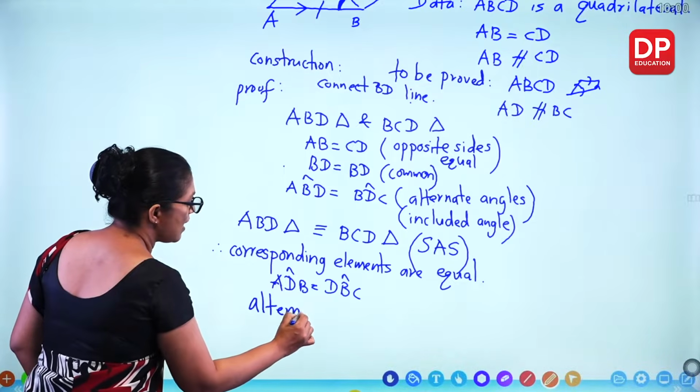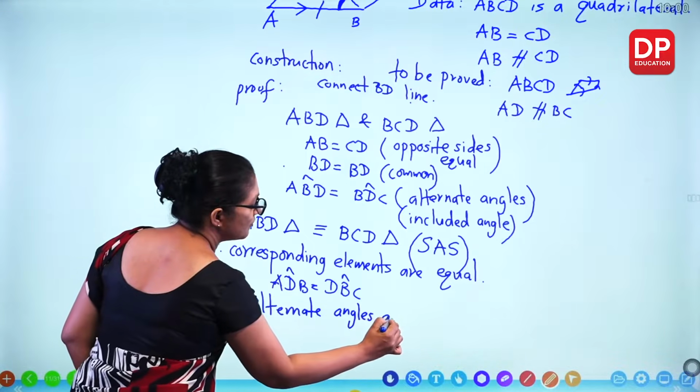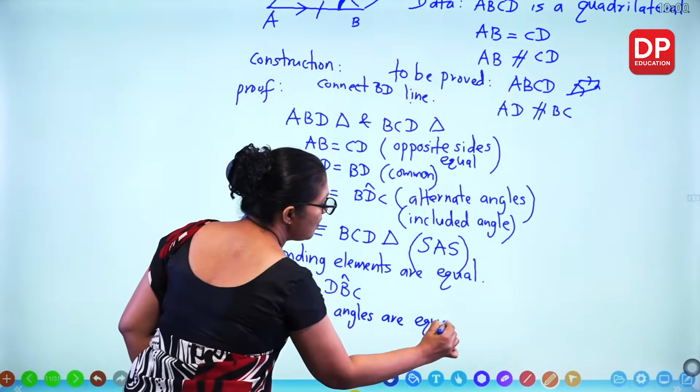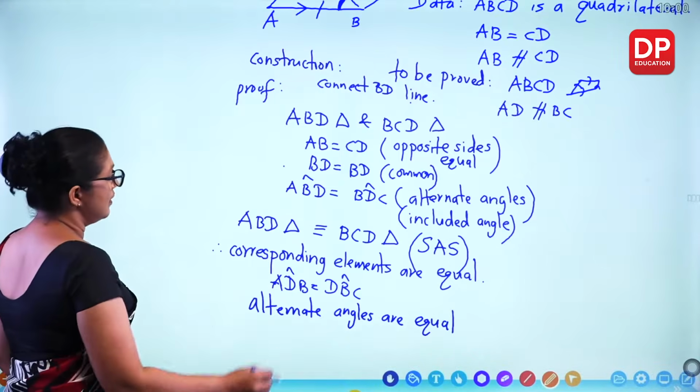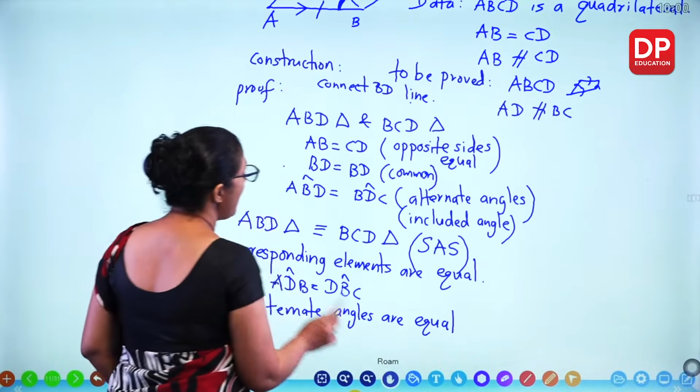Alternate angles are equal means we can say the two lines are parallel.